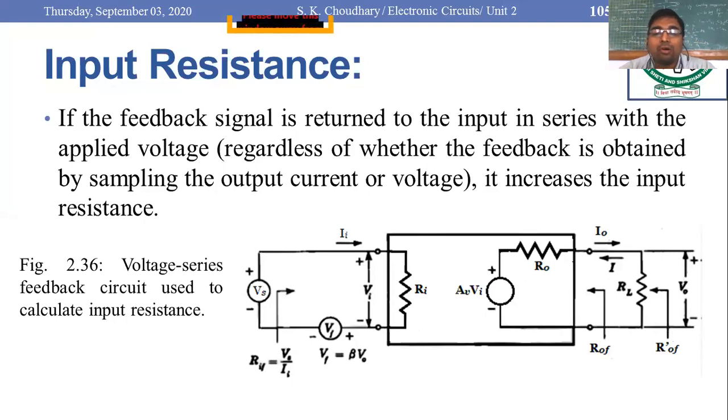Out of these four, two feedbacks have series mixing and two have shunt mixing. So according to the type of mixing, the input resistance or input impedance of the amplifier is affected.